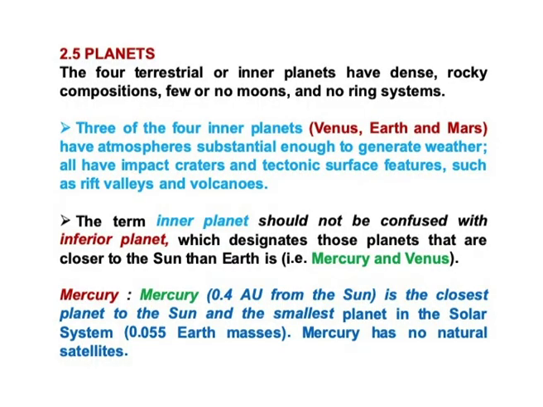The other planets: yes, there are four terrestrial planets, or inner planets, and they have dense and rocky compositions, few or no moons, and no ring systems. There are three inner planets: Venus, Earth and Mars.